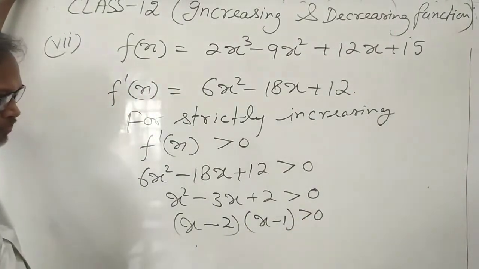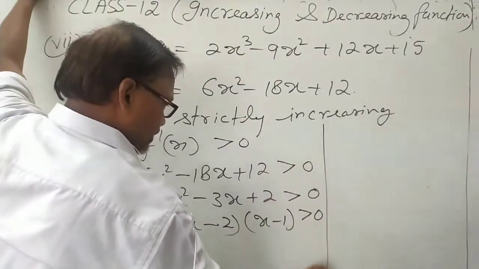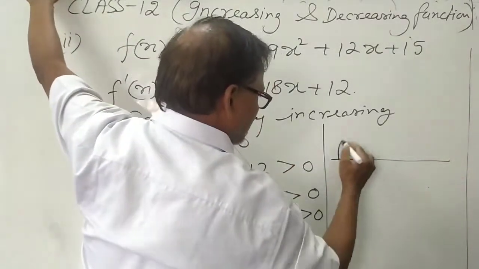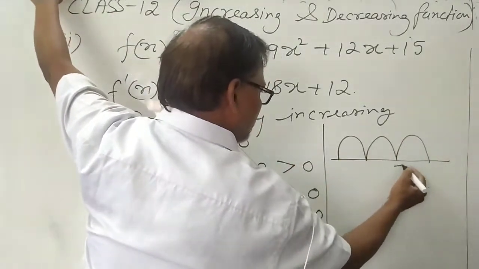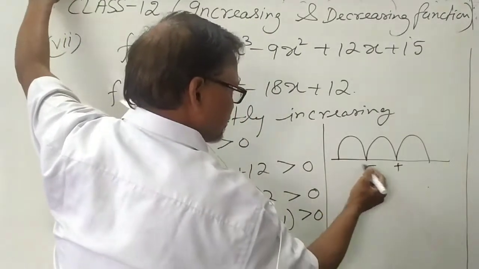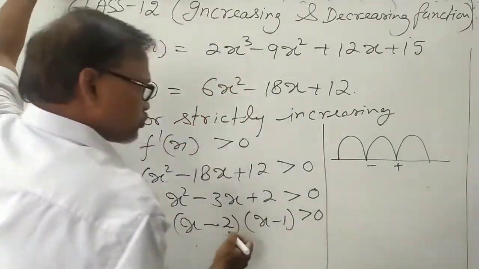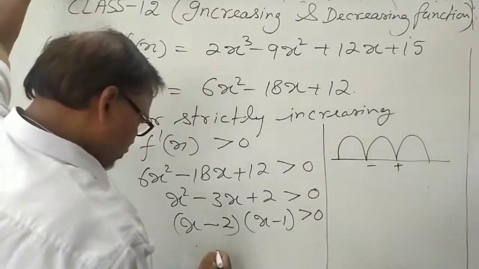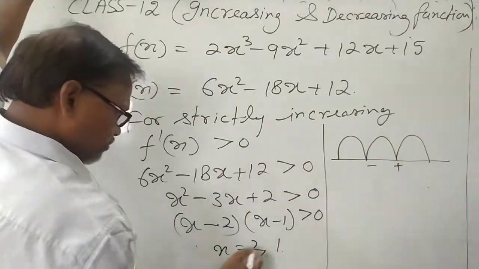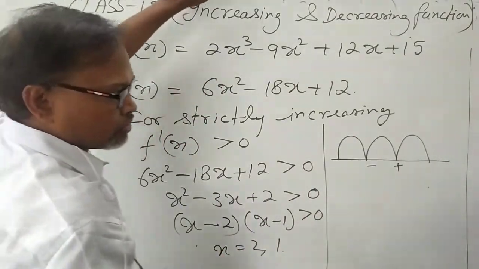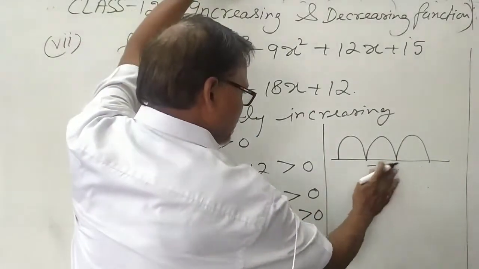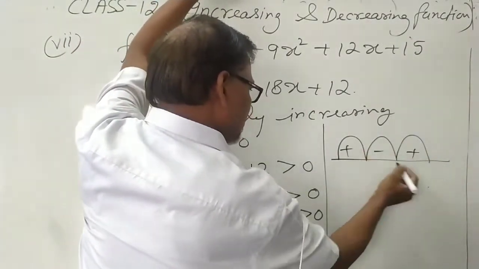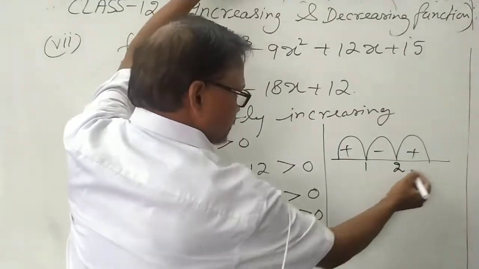So when you use the Wavey's curve method, you know, plus minus plus like this, because two values, x is equal to 2 and 1, but 2 and 1 are not the answer. Just you put here plus minus plus, 2 is here and 1 is here.